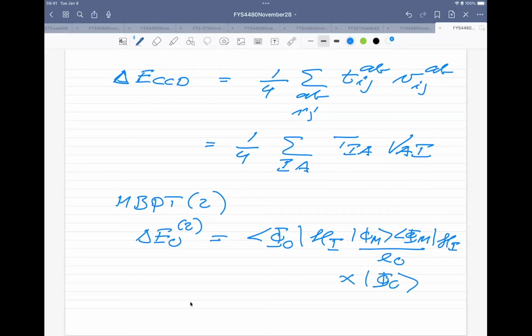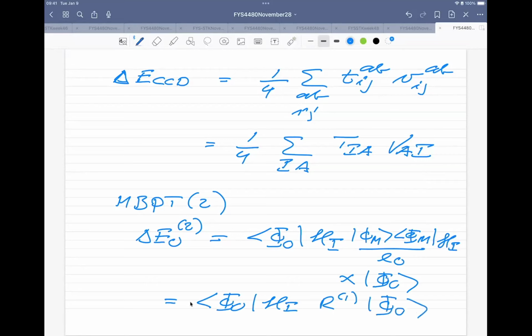Now, this is something which we can rewrite as phi 0, with the interaction to second order. But then we had the wave operator, which now is the first order, because the wave operator contains the interaction here. So that term would then be the wave operator to first order multiplied with phi 0.